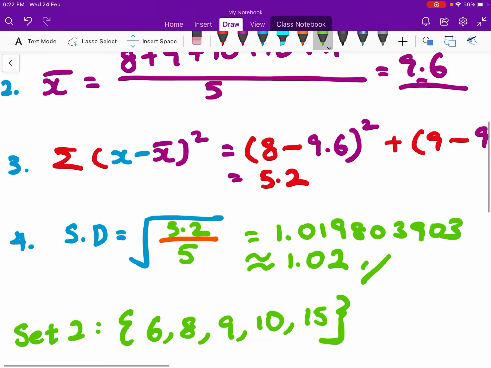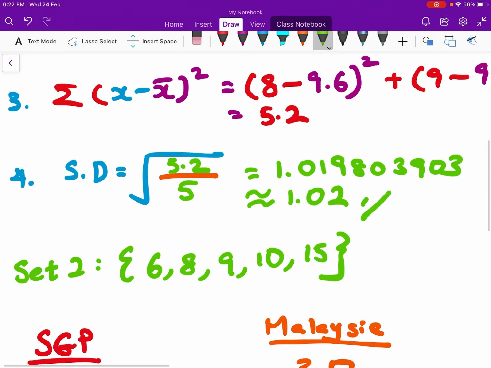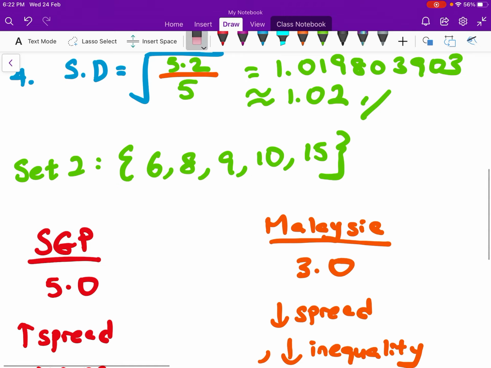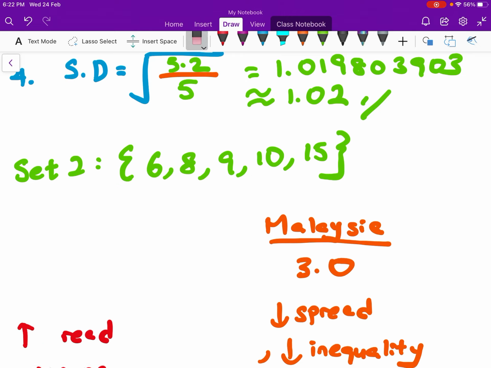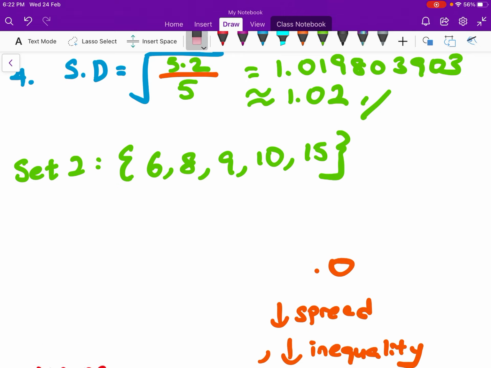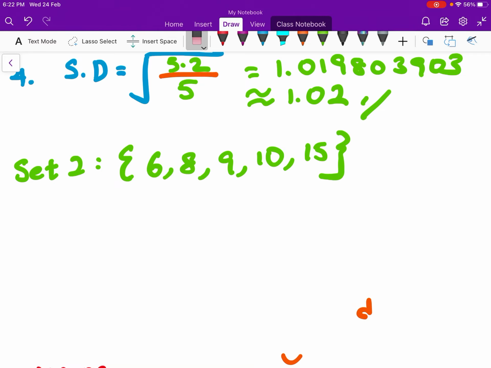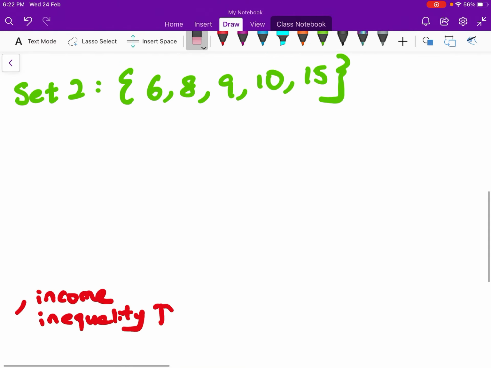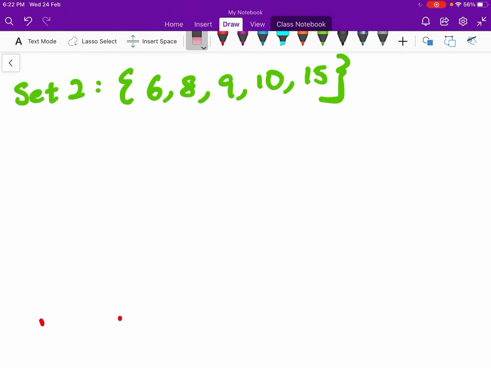Let's go to data set number 2. Let me erase all this first. Data set number 2 is 6, 8, 9, 10, 15. First step, we need to calculate our n. There will be 5 data. Second step is the so-called x bar, or the average.